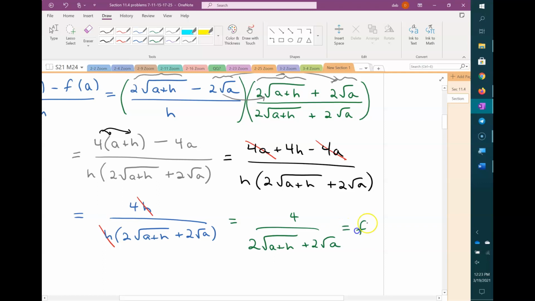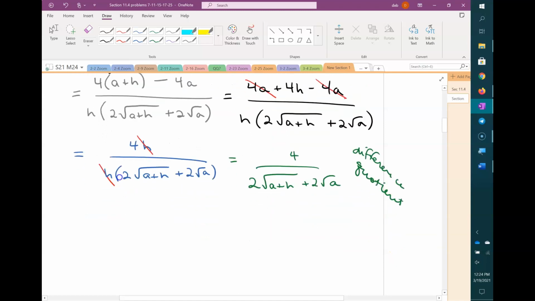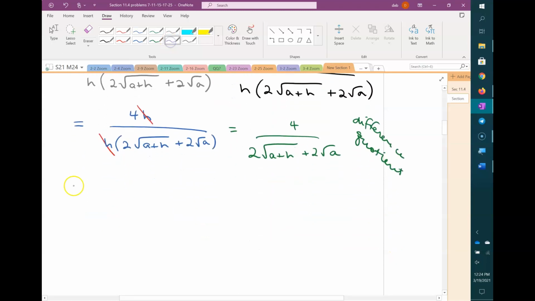So this is f prime of a. Oops, not yet, sorry. Almost. This is the difference quotient. And to get from the difference quotient to f prime of a, we need to do the limit as h goes to 0 of the difference quotient.